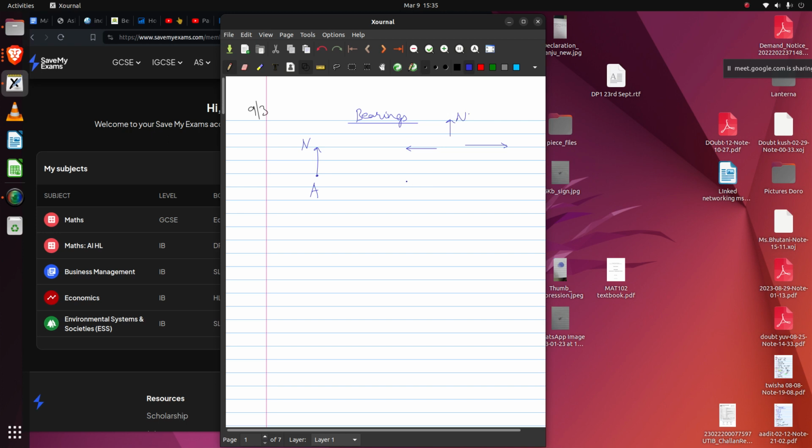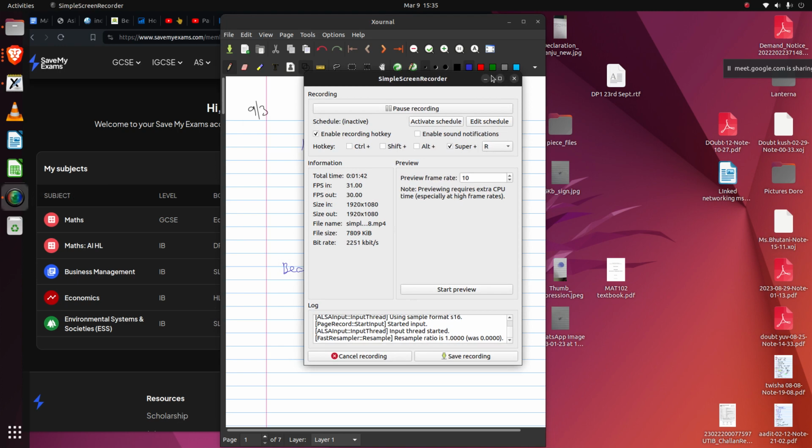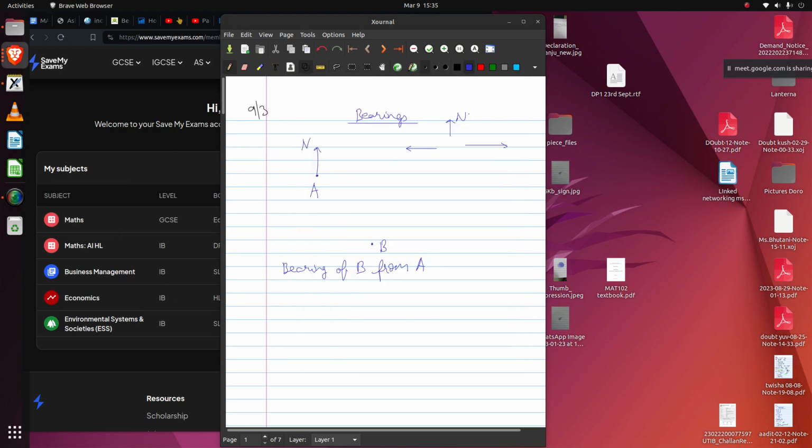So what it means basically is that I have another point B. There is something called the bearing of B from A. What am I supposed to do? First draw the north direction from the point A, vertically up.